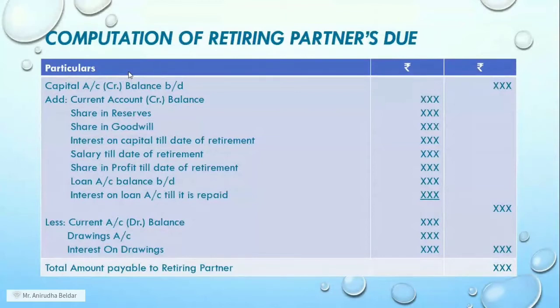And if there is any current account debit balance, drawings or interest on drawings, it will be deducted from the capital, and whatever amount we get is known as the total amount payable to the retiring partner on the date of retirement.